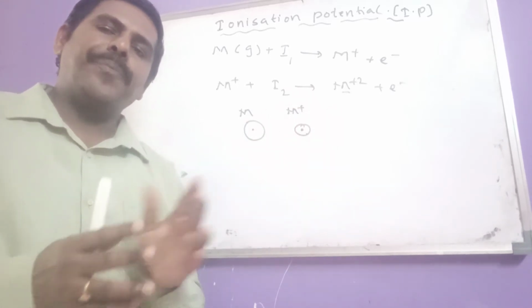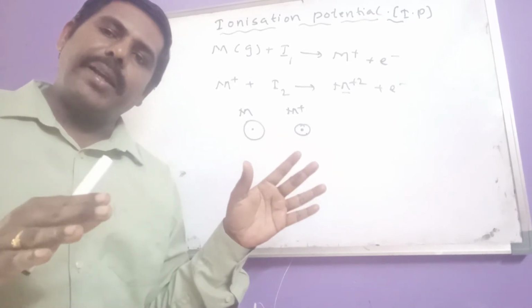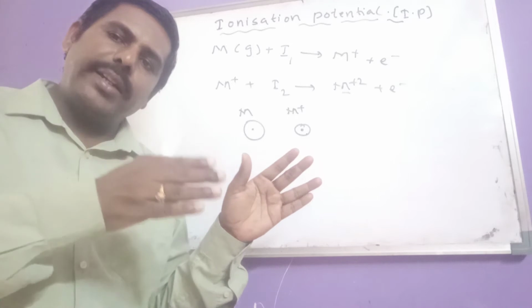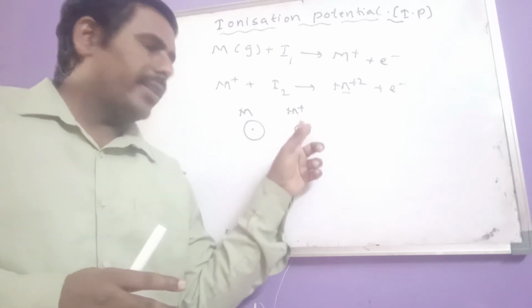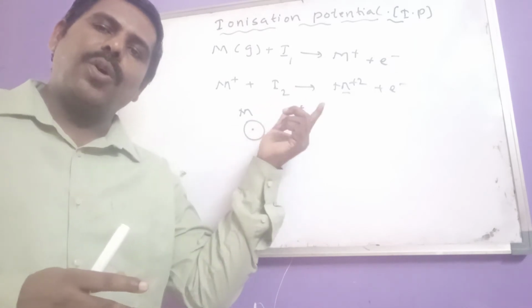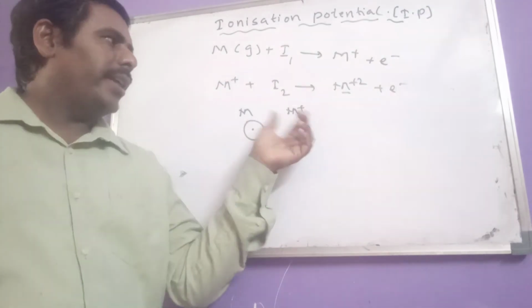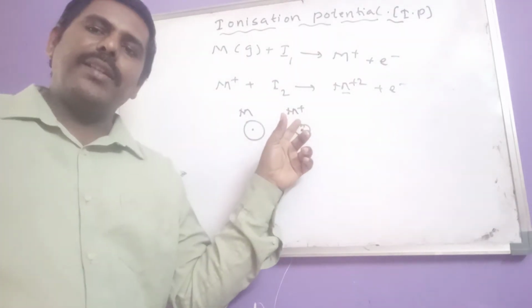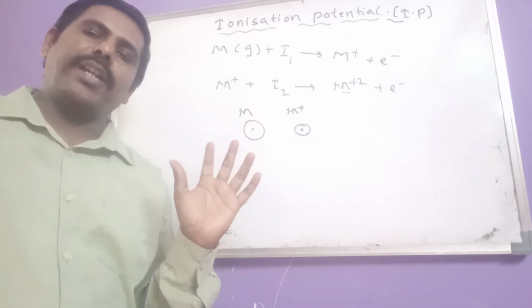Due to the decreased number of electrons, in the case of the cation, nuclear attraction is somewhat more compared with the neutral atom. That's why the second ionization potential is greater than the first ionization potential.